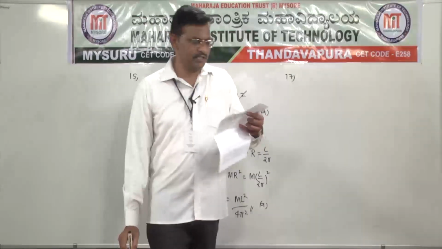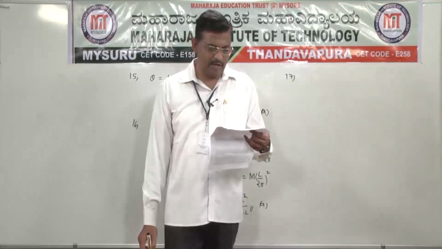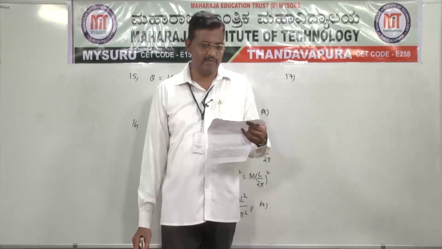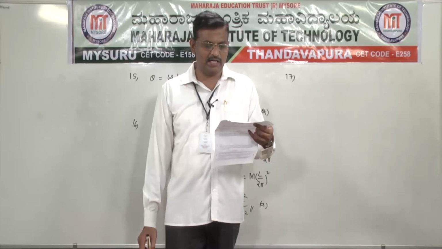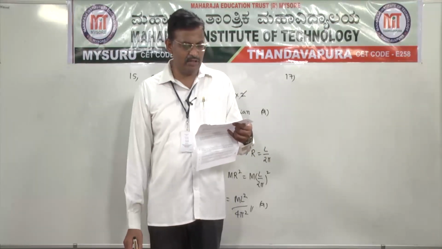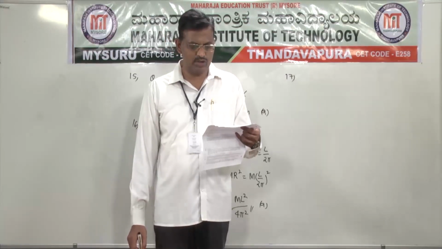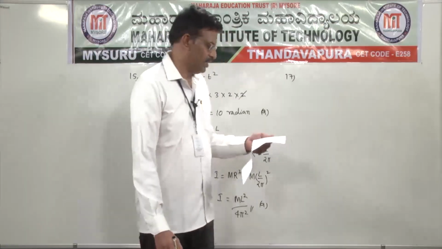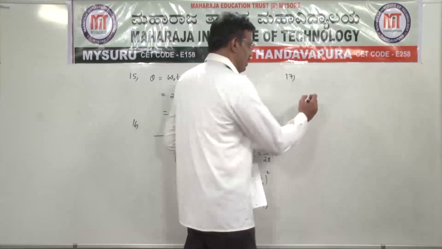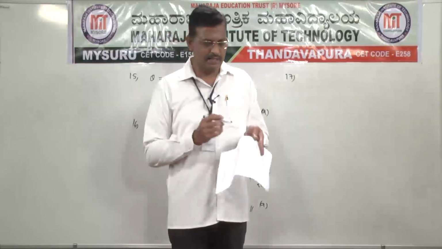Next, 17th question. A thin uniform rod of length L and mass M is swinging freely about a horizontal axis passing through its end. Its maximum angular speed is omega. Its center of mass rises to a maximum height of. See, a thin uniform rod is rotating about the horizontal axis.